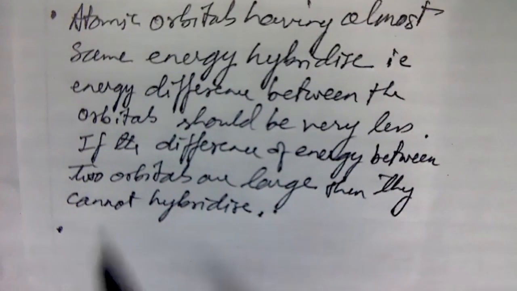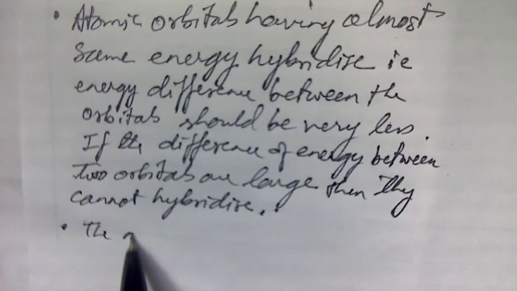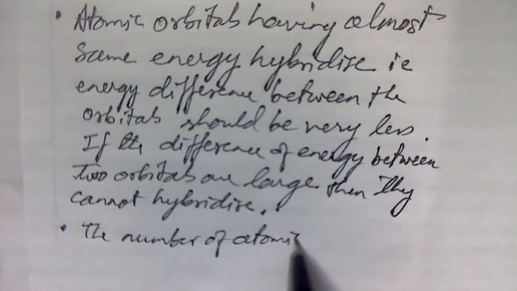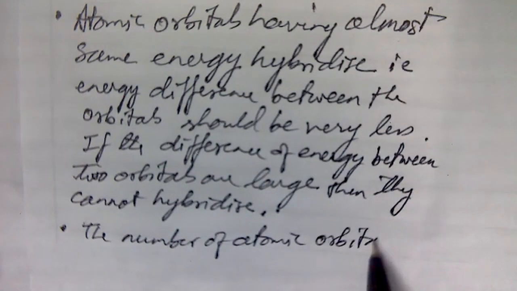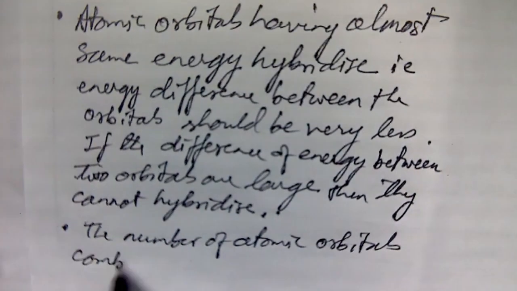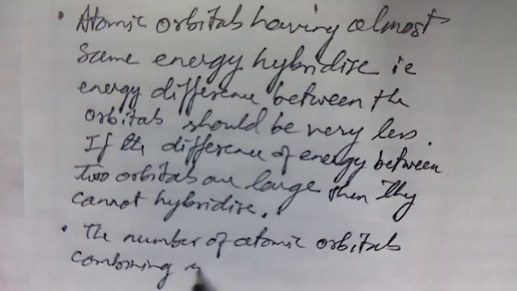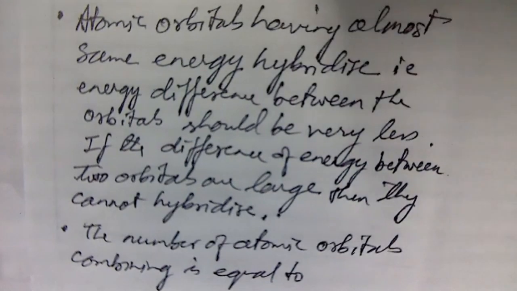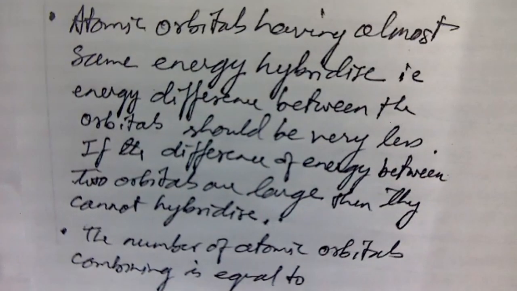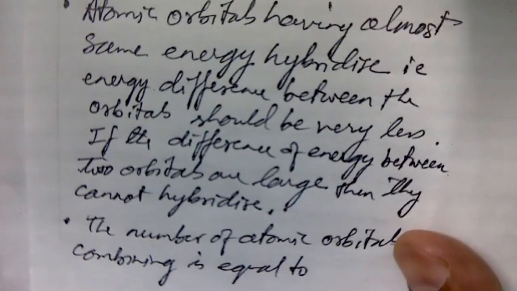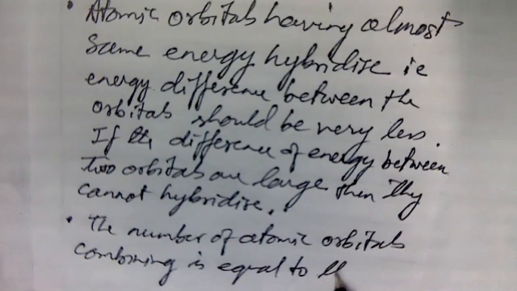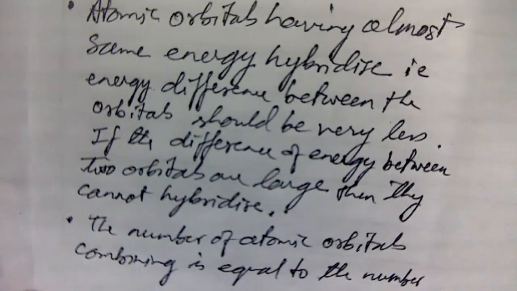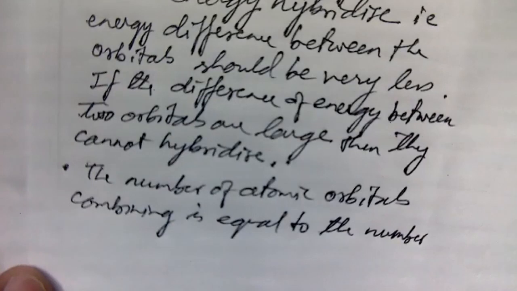So what I can write down? The number of atomic orbitals combining is equal to the number of hybrid orbitals formed.